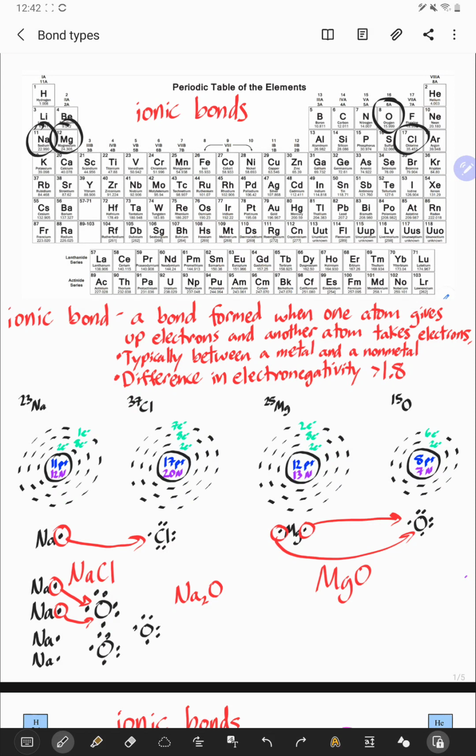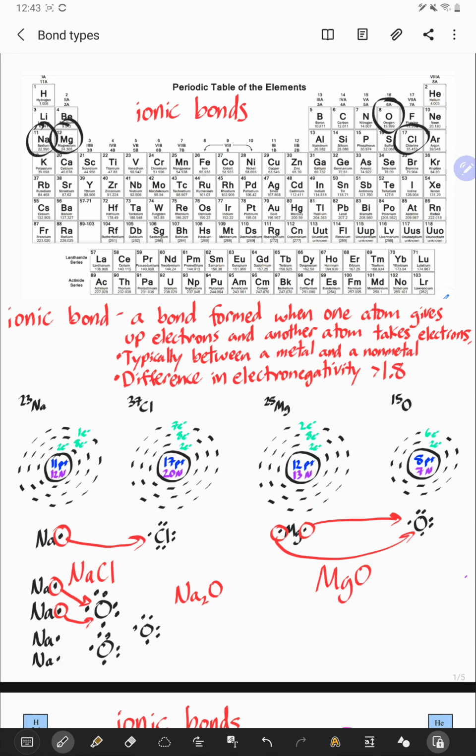But we said that it doesn't always just match up 1 to 1. Sometimes we might need 2 sodiums to react with something for both to get to 8. So in this example, sodium reacts with oxygen. We need 2 sodiums to react with oxygen. Because oxygen has 6 valence electrons, it needs to gain 2 electrons.